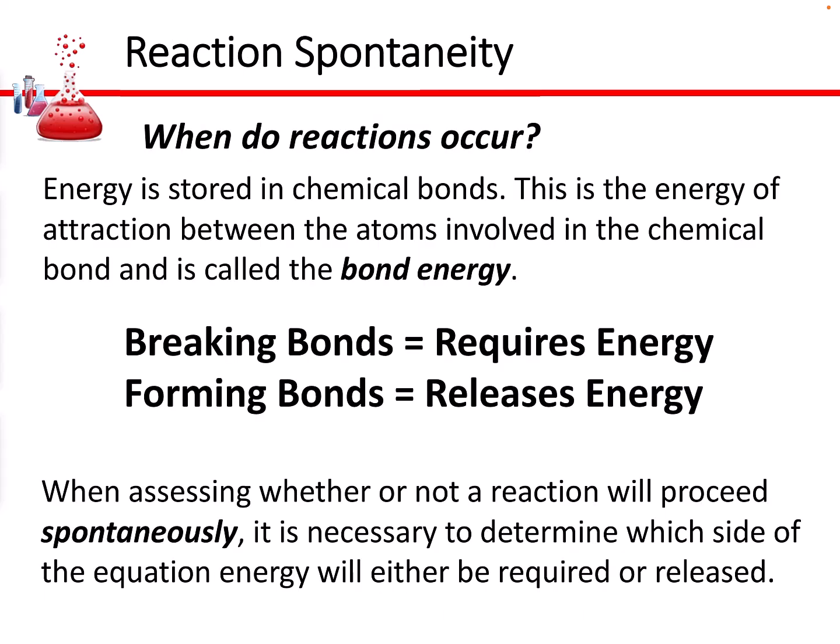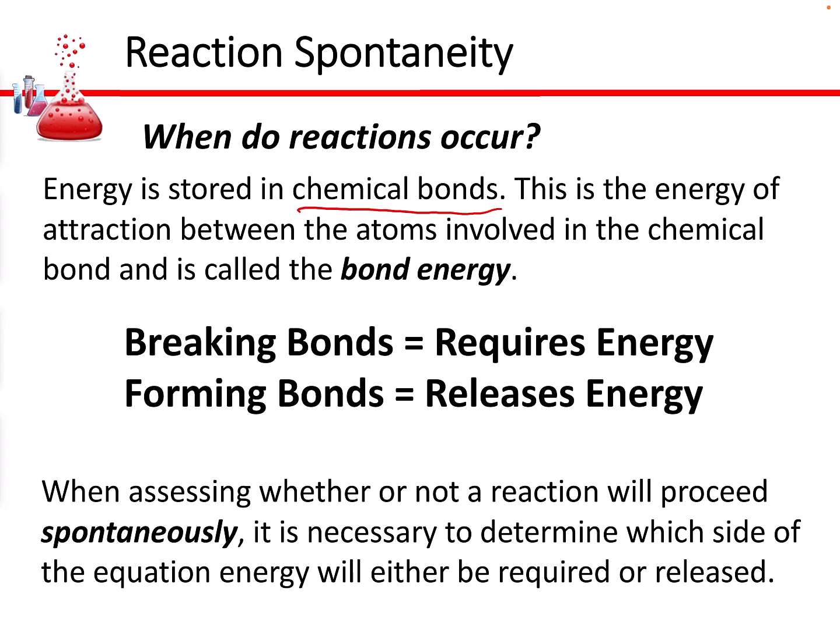And this brings us to reaction spontaneity. When do reactions occur? So we've just seen with our molecule of ATP that energy is stored in chemical bonds. This is the energy of the attraction between the atoms involved in the chemical bonds, right? So this is known as bond energy.